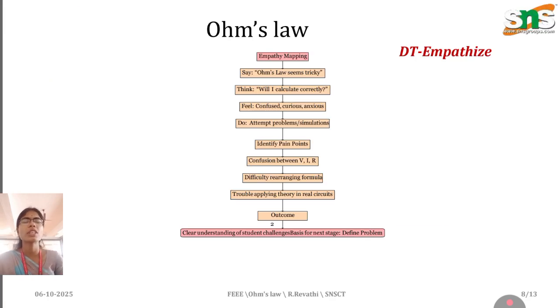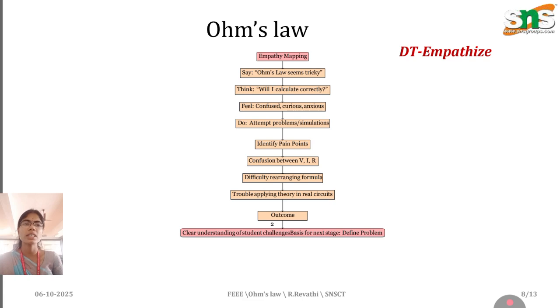Now the purpose of empathizing in Ohm's law: Ohm's law seems tricky. Will I calculate correctly? The learner thinks and feels confused, curious, anxious. They attempt problems and simulations, identify pain points, and troubleshoot difficulty in rearranging formulas.